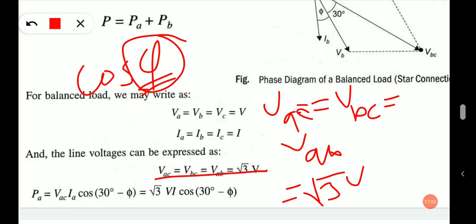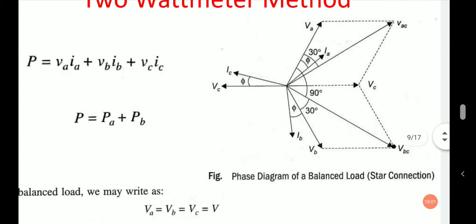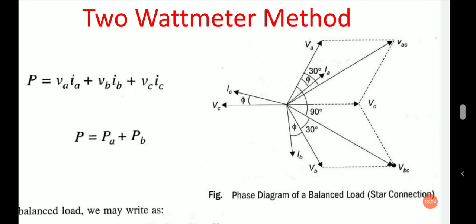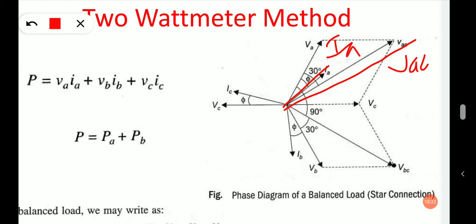For wattmeter WA, the current is IA and the voltage across the pressure coil is VAC. From the phasor diagram, it can be seen that the current IA leads the voltage VAC.